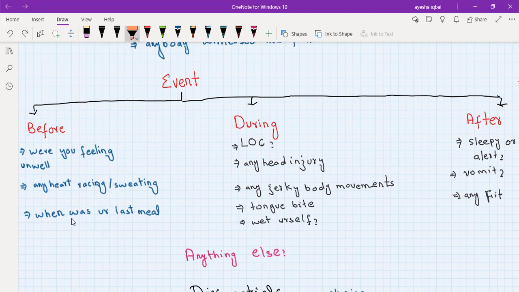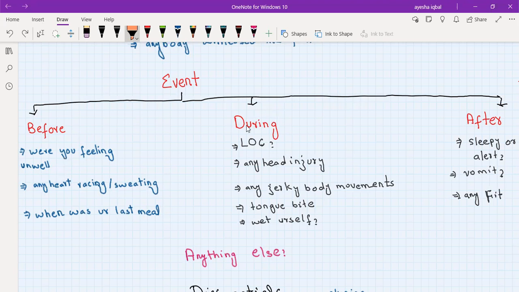If the patient tells you that the last meal was, for example, 12 hours ago or 8 hours ago, then you may think about hypoglycemia. Also, heart racing before the fall can occur in arrhythmias. So you will ask, how were you feeling before the fall? Were you unwell recently? What symptoms were you experiencing? Did you experience any heart racing or sweating? And when was your last meal before the fall?